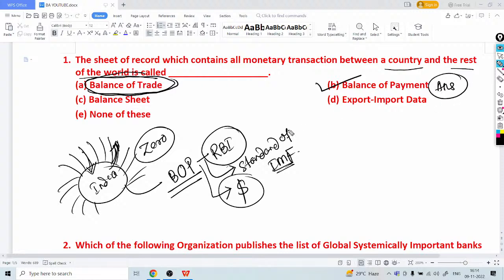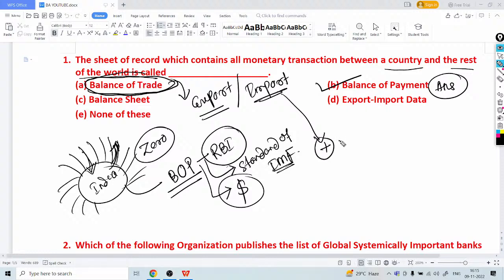Balance of trade is a major part because in the components of balance of payment, the highest weightage is the balance of trade, which contains the export and import of a country. If it is positive, it is called a positive balance of payment, or if it is negative, a negative balance of payment.